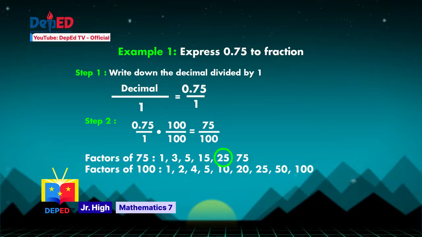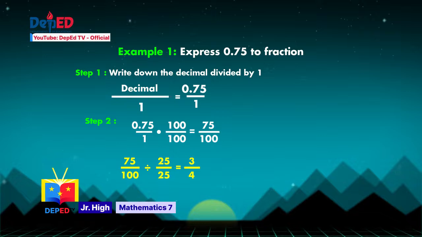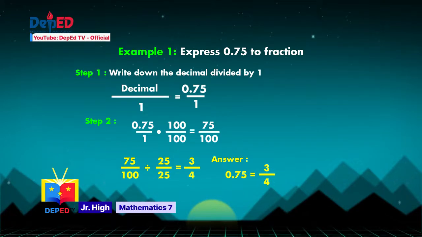Therefore, to simplify this fraction, divide both numerator and denominator by the GCF. 75 divided by 25 is 3, and 100 divided by 25 is 4. The answer is 0.75 is equal to the fraction 3/4.